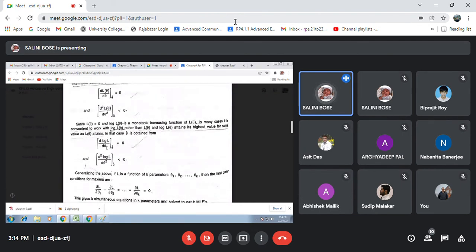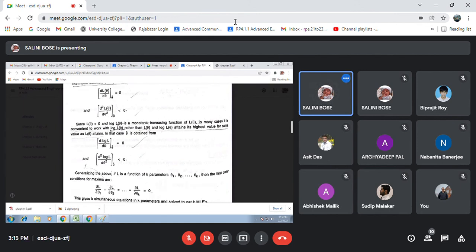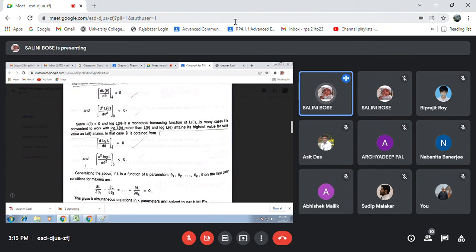Another way can also be used. If L theta is greater than 0, then log of L theta is a monotonically increasing function of L theta. So in place of L theta, we can take log of L theta.